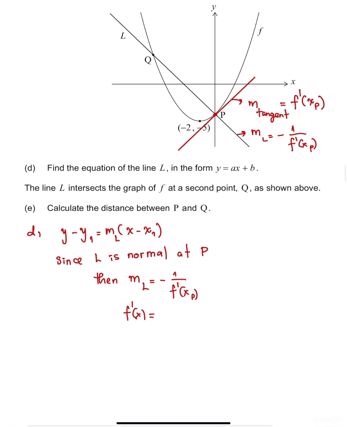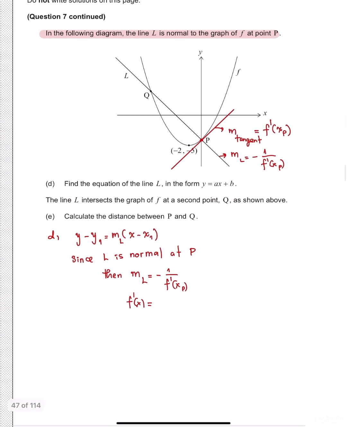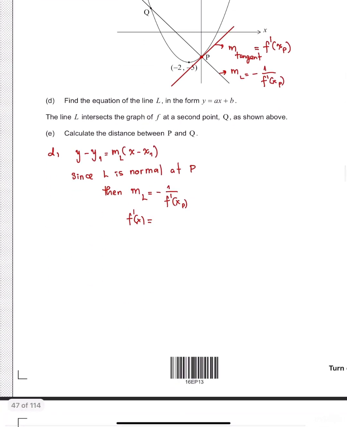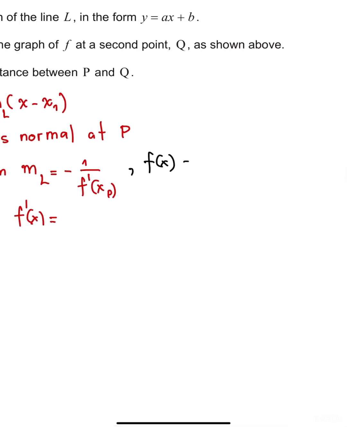We already had f of x equal to 1 over 4 times (x plus 2) squared minus 5. So f prime of x equals 1 over 2 times (x plus 2).